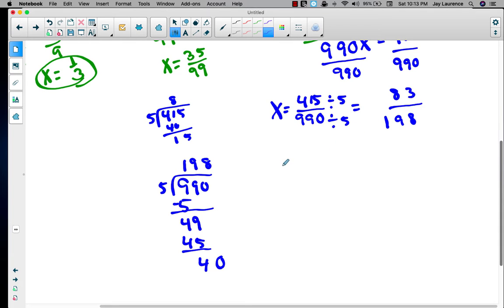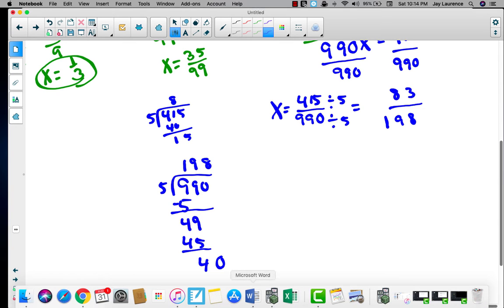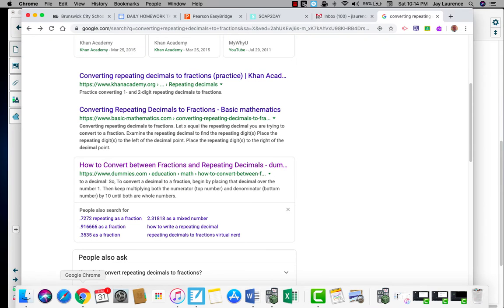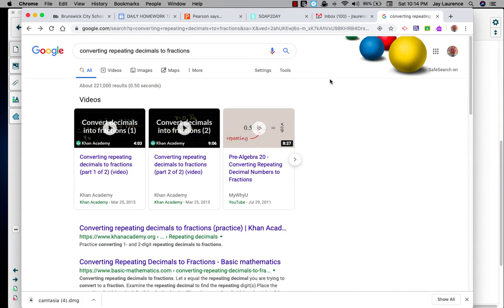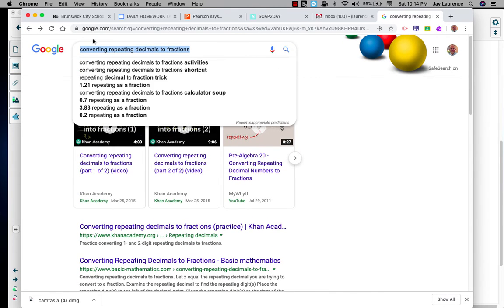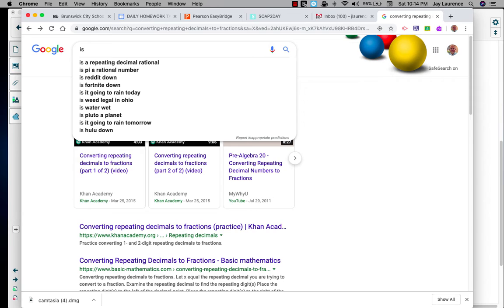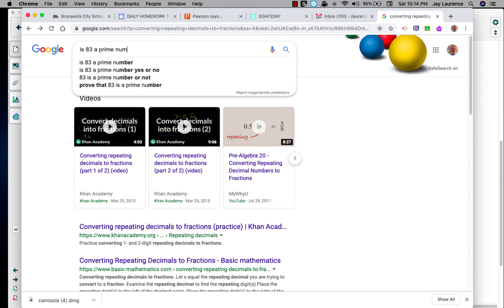83. I'm not positive if 83 is prime, but I think it might be. Off the top of my head, I'll tell you what. Here, let's go to Google and see what Google says. Let's ask, is 83 a prime number?